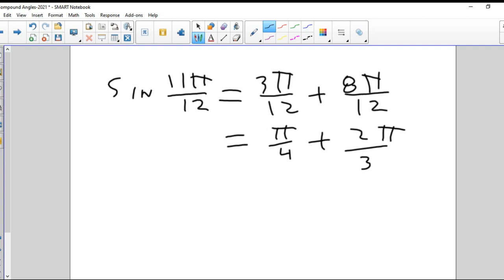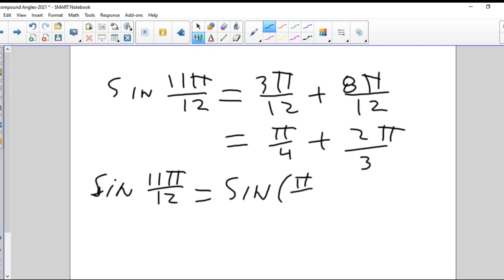All right, let me pause and see if everybody is okay with that so far. All right, so pi over 4 plus 2 pi over 3, all I'm doing is reducing down those 2 things. So instead of saying the sine of 11 pi over 12, I'm going to say that the sine of 11 pi over 12 is the same thing as the sine of pi over 4 plus 2 pi over 3.